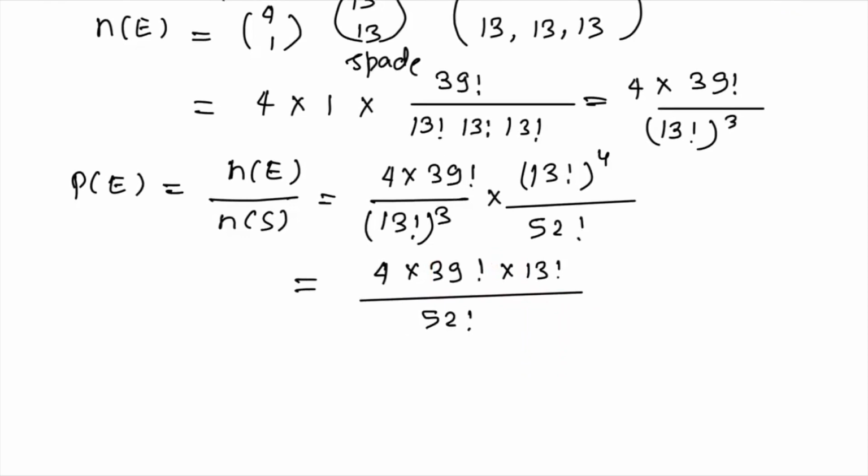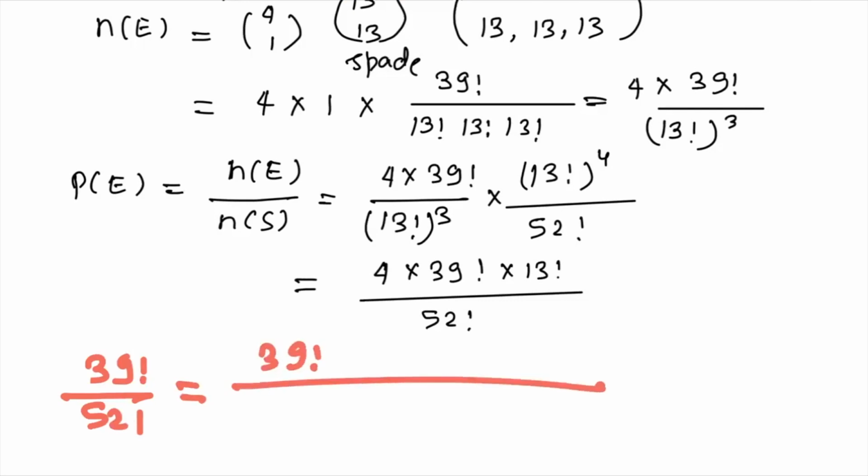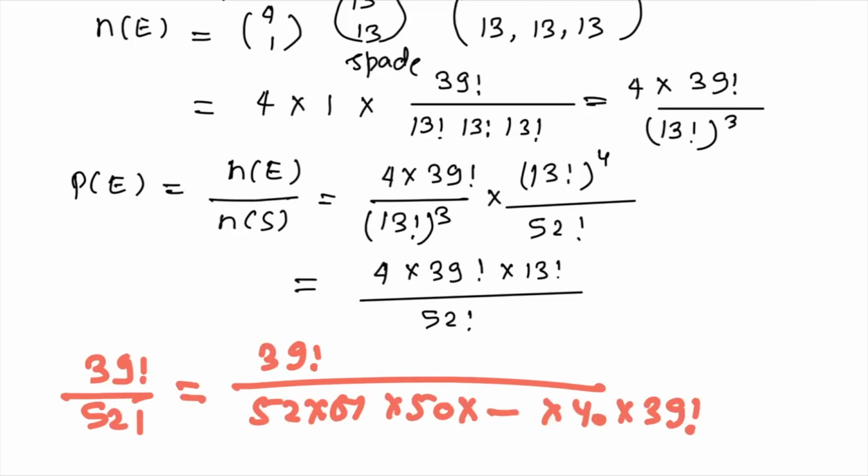39 and 52. If you wish to simplify, let me just write down. 39 factorial divided by 52 factorial may be written as 39 factorial divided by 52, 51, 50, and so on up to 40, then 39 factorial.